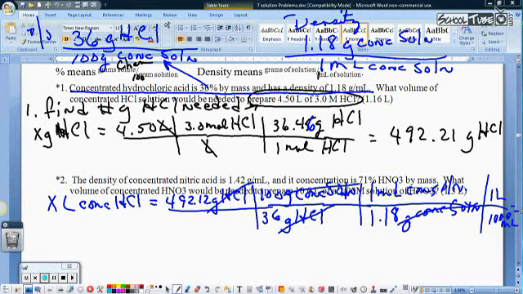And now I can stop, pick up my calculator and round it off to the correct number of significant figures. Going back up to my original problem, I have two numbers that have two significant figures. So how many should my answer have? 2. Yeah, 1.2.